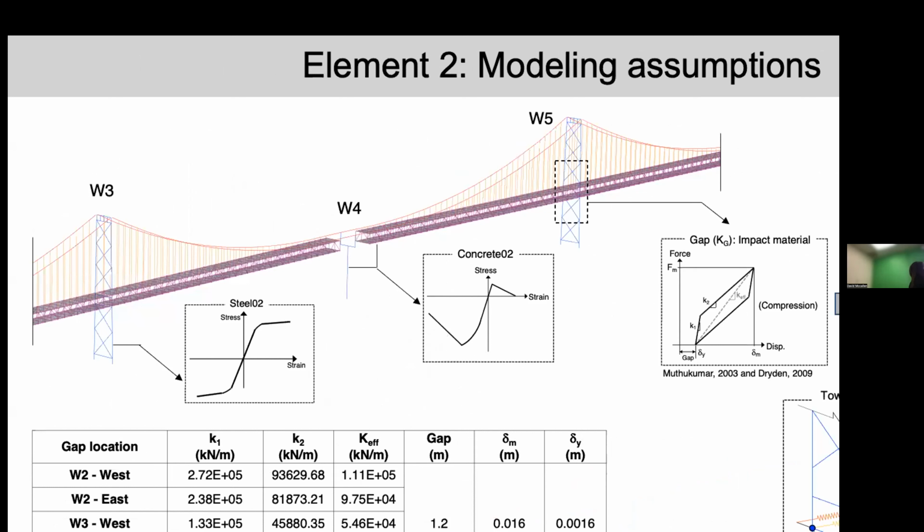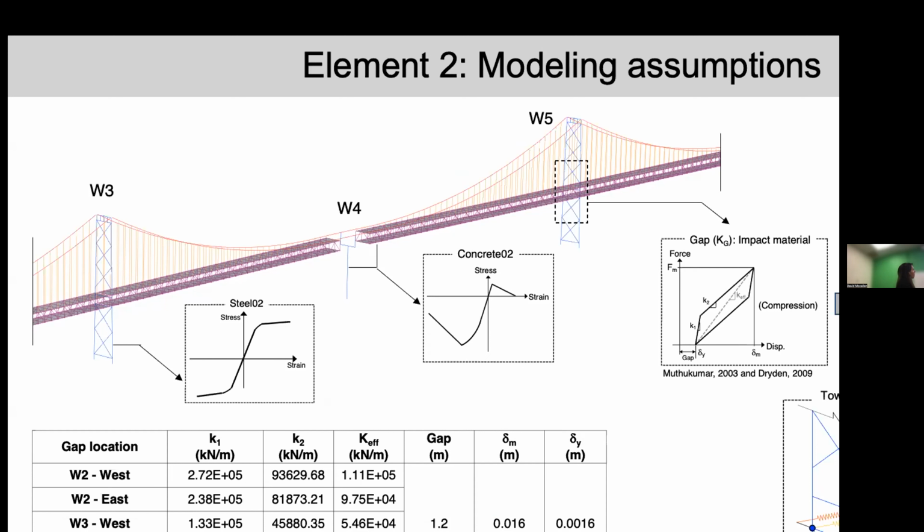Here I just wanted to give you an overview. We're utilizing for most of the components state-of-the-art materials implemented in OpenSees, for example Steel02 for the towers and the decks, and Concrete02 for the actual concrete components of the deck. But then we also had to tailor some of these elements to the specific properties of the bridge. For example, for the impact material, we started from a formulation available in the literature, Muthukumar in 2003 and Trident in 2009.